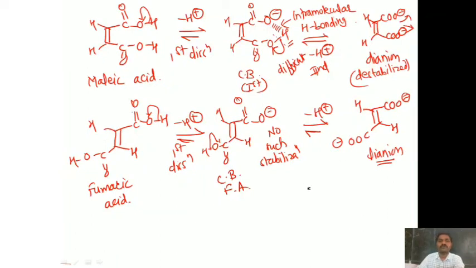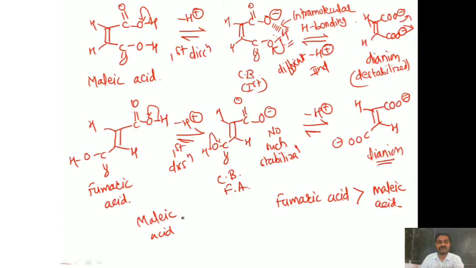Because of this reason fumaric acid is stronger acid than malic acid after second dissociation. So malic acid is stronger acid than fumaric acid after first dissociation, but fumaric acid is stronger acid than malic acid after second dissociation. Thank you.